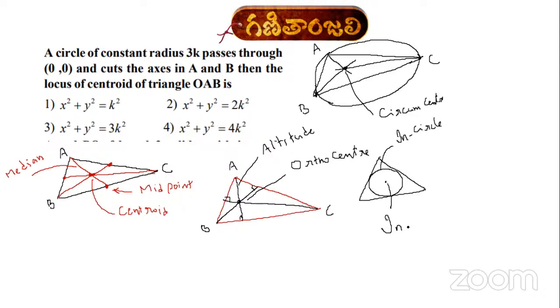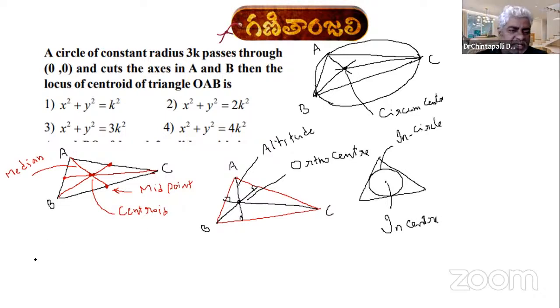And very interestingly, there is a concept called the 9-point circle. We will be explaining that circle in tomorrow's class. Sankiti, do you know what the 9-point circle is? Any of you know the concept of the 9-point circle? It is a higher level, next level concept. I will explain it in tomorrow's class.